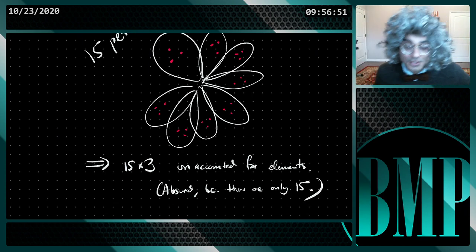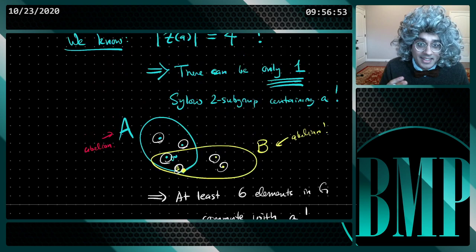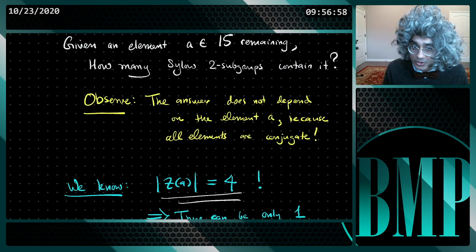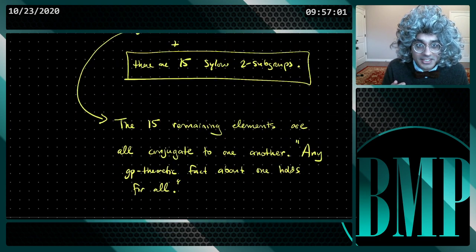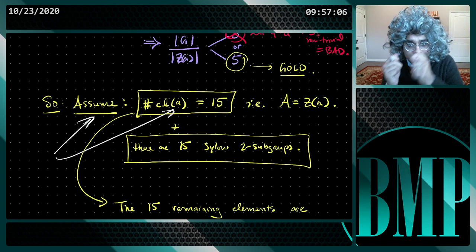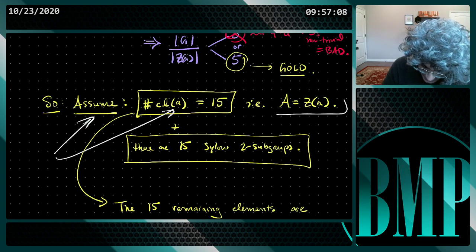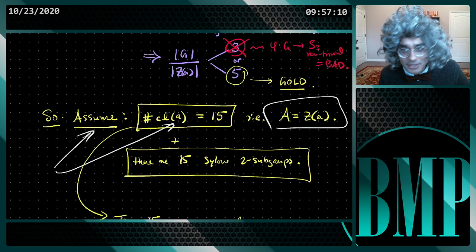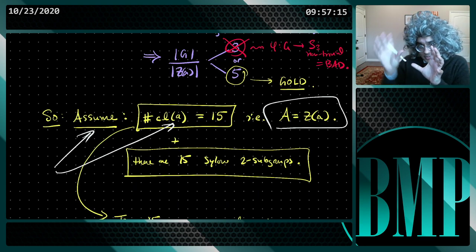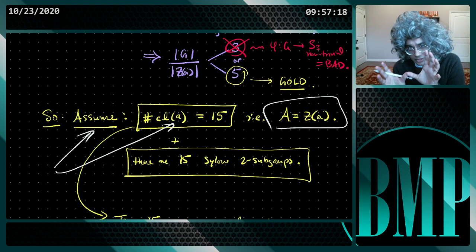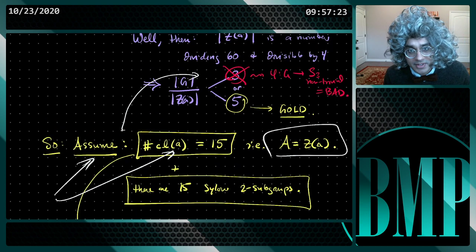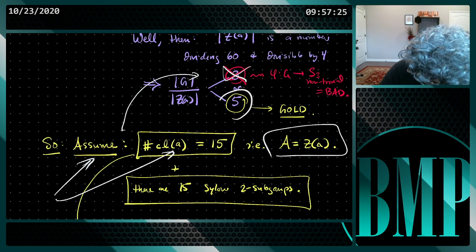So we conclude that the centralizer of this element can't only be 4. This can't hold. That was an assumption: assume that the conjugacy class has 15 elements. This can't be true, because the flower's petals would all be disjoint, so to speak. That means we're in this situation. We're not in the 3, so we're in the 5.